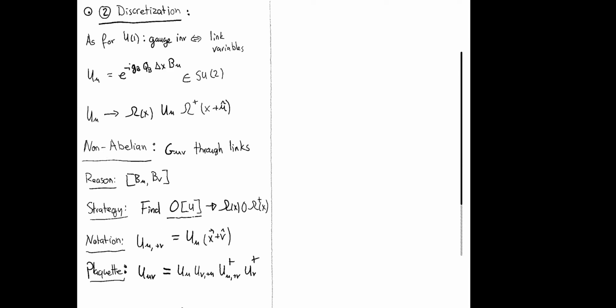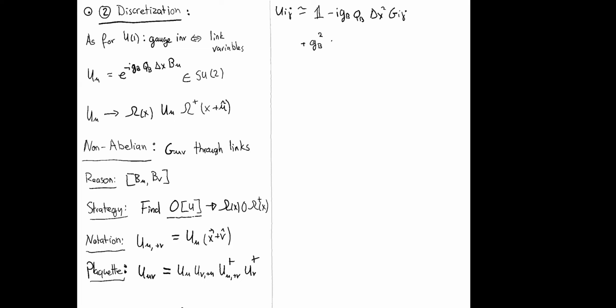Let me write this here, U_ij. If you take the limit of small a, this goes like the identity minus i g_b Q_b delta x squared G_ij, and order by order, it's always going to be an expansion in powers of G_ij, plus g_b squared Q_b squared over 2 delta x to the 4 G_ij G_ij plus O of delta x to the 6. It's a good exercise to show this.